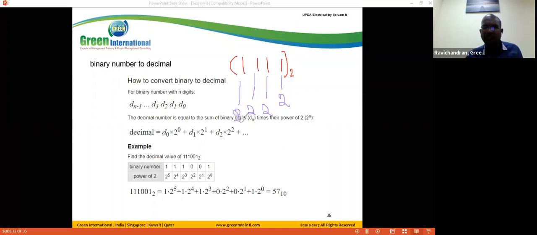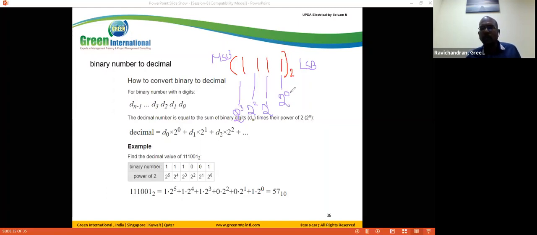This is the least significant bit and this is the most significant bit. We start from the least significant with 0, 1, 2, 3.